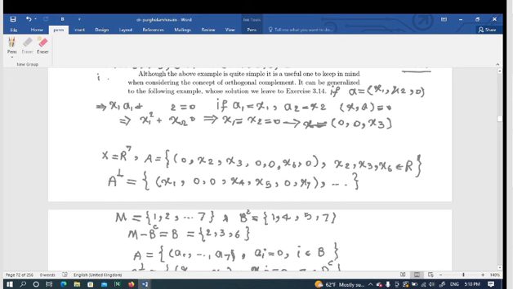Now A orthogonal is the set of 7-tuples that, instead of zeros, must be arbitrary at x1, x4, x5, x7, and instead of x2, x3, x6 must be 0. So any member of this 7-tuple that is 0 here must be arbitrary, and every other member that is not 0 here must be 0. Okay?